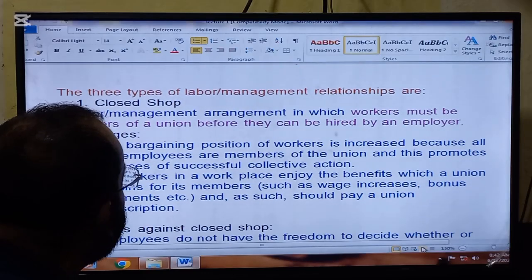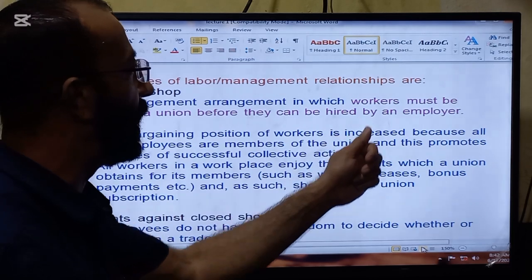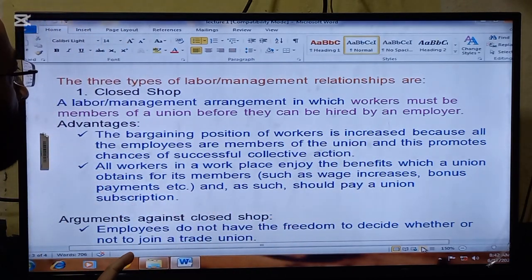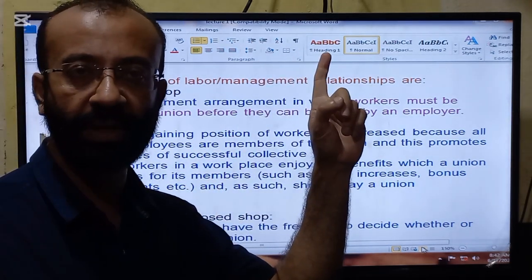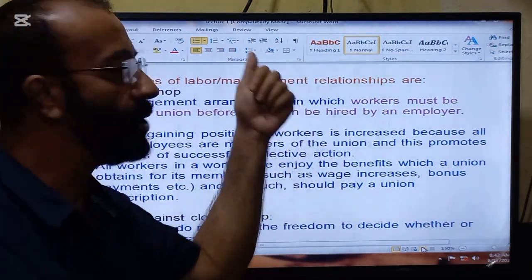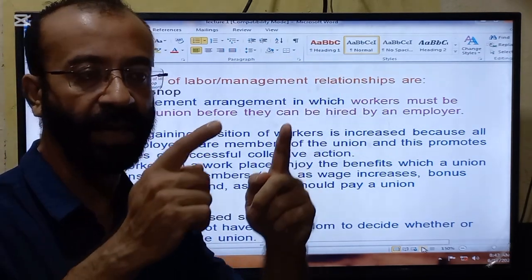Next we are going to read the three types of labor management relationships. Number one is the closed shop. This is a term we read at the top of the lecture, when I told you I would explain it later.